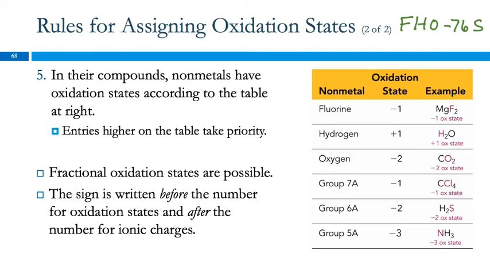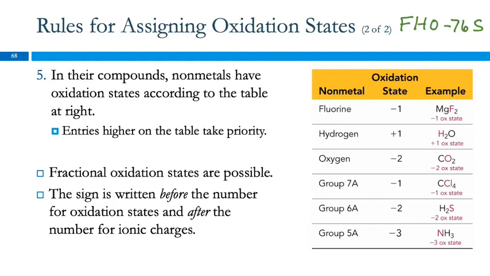It's possible to have fractional oxidation states, so if that shows up sometime, don't freak out, it's okay, because these are imaginary, right? You couldn't have a fractional charge on an ion because that would mean you've gained or lost part of an electron. Not possible. But fractional oxidation states, because they're imaginary, are possible.